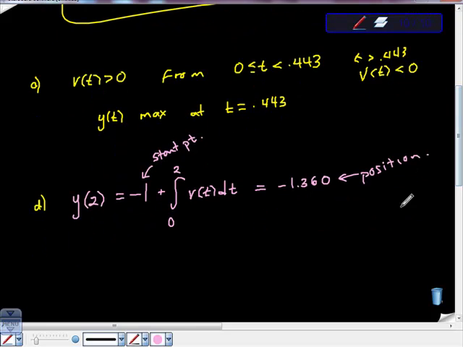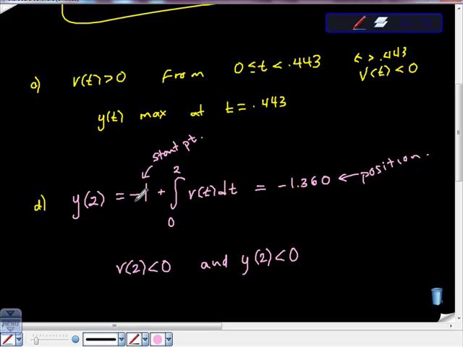And they want to know, are you moving away from the origin? Well, remember, we had v of 2 less than 0, so the velocity is negative, which means you're moving left. And the position at 2 seconds is less than 0. So you're moving away, right?